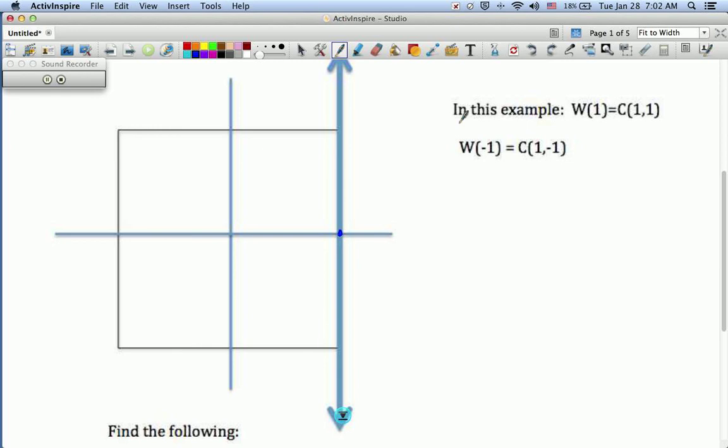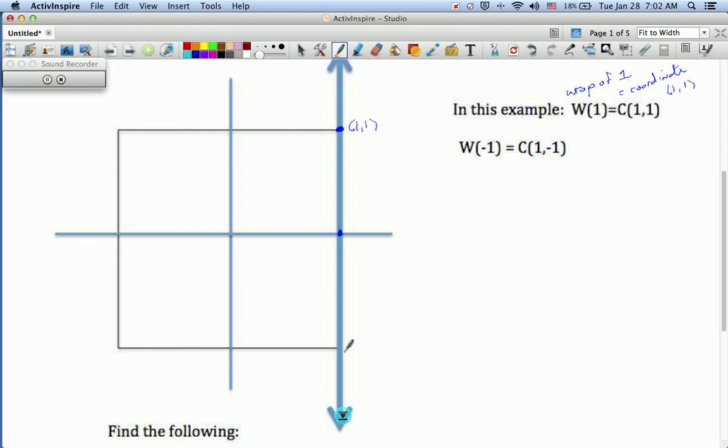In this example, you always need to be given some information. A wrap of 1 results in the coordinate, in other words, the xy ordered pair, 1, 1. So this point right here is the point 1, 1.